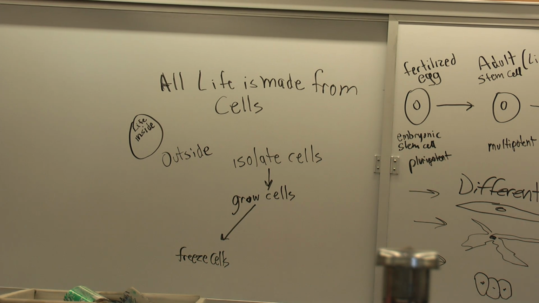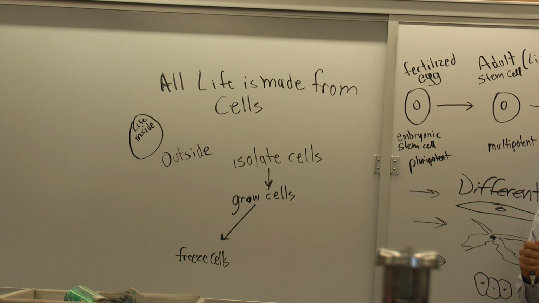So today's cell isolation, where are we in this grand scheme? Well, we're starting out with a biopsy, a chunk of human skin. We also use dog skin for demonstration purposes. We can isolate cells from various parts of the body.